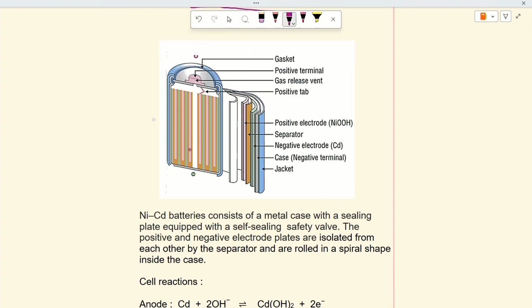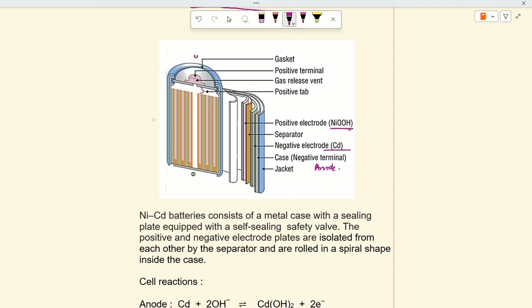It is just like a cylindrical battery we have, and here you can see this is the outer cover case. Then we have the negative terminal, or the anode, and that is usually cadmium. The positive terminal is nickel oxide hydroxide.